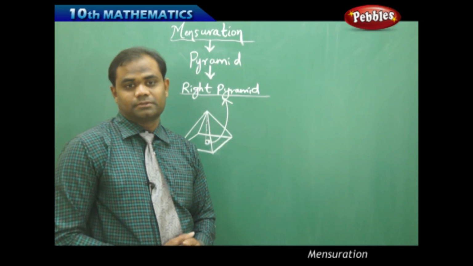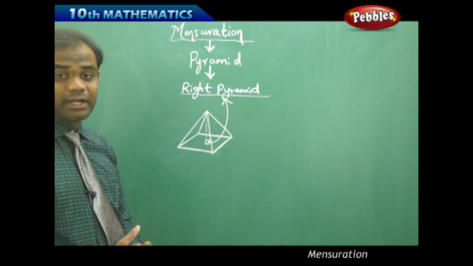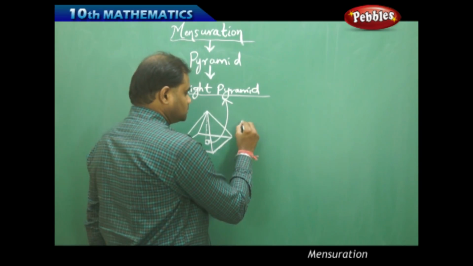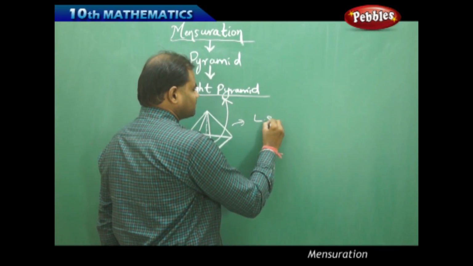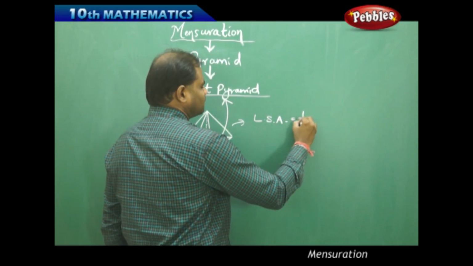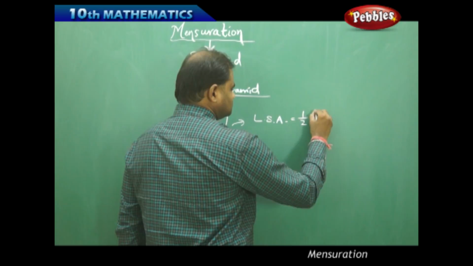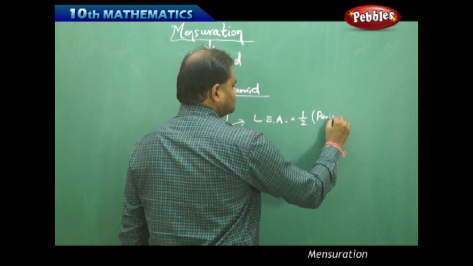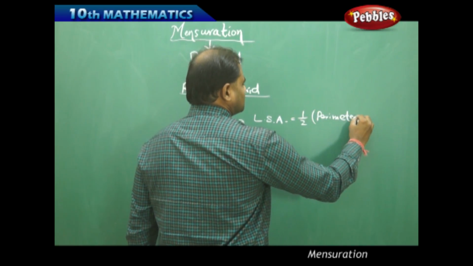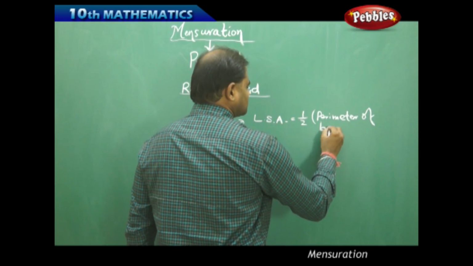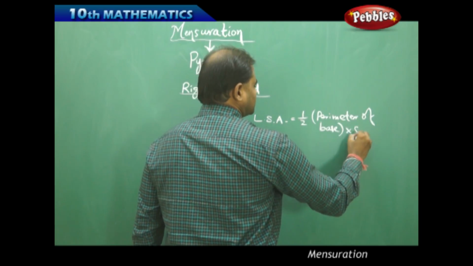be a right pyramid. So in this right pyramid, we have the lateral surface area, which is given by half the perimeter of base into slant height.